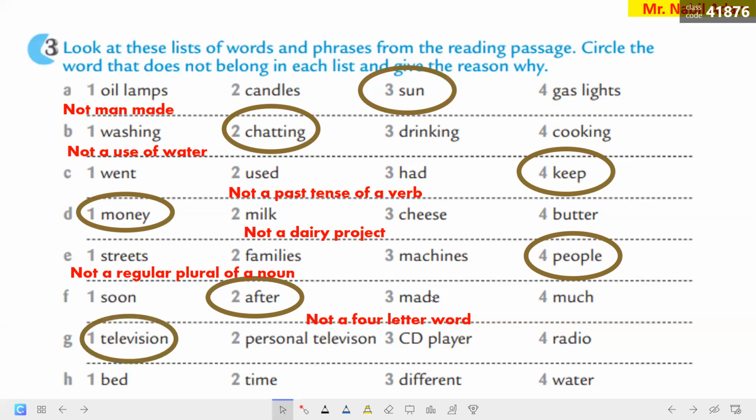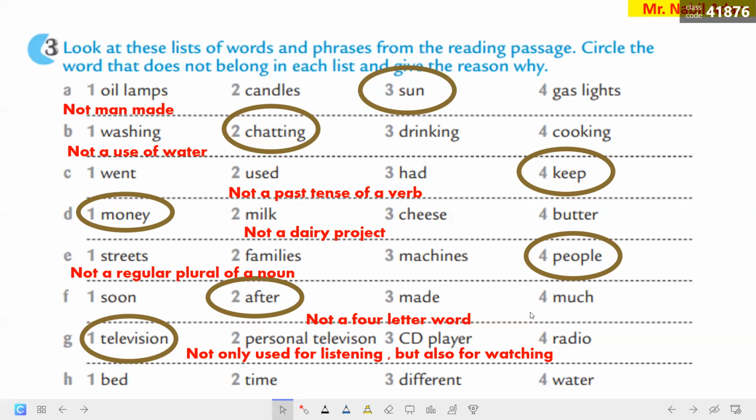Which one is different? Television is different. Why? Because it is not only used for listening, but also for watching. The others are used for listening.